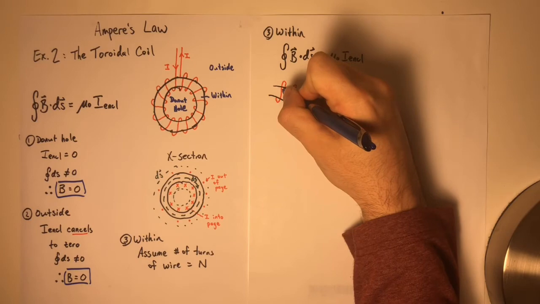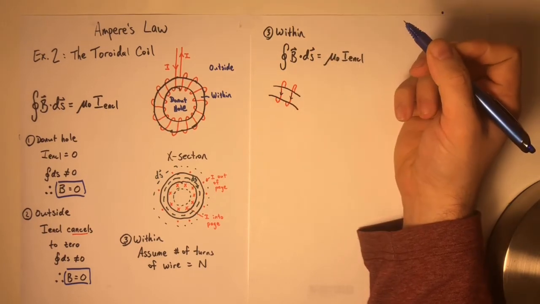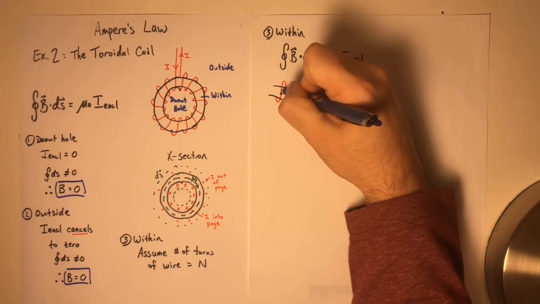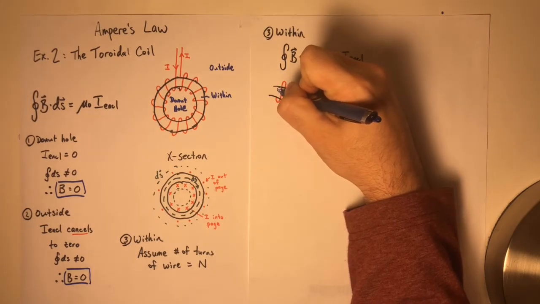So with these currents that on the top of the toroid are carrying current in this direction, you have to envision that the magnetic field loops sort of do this.